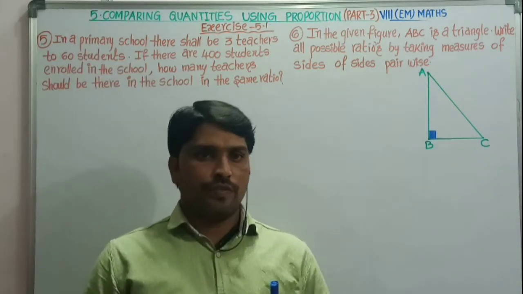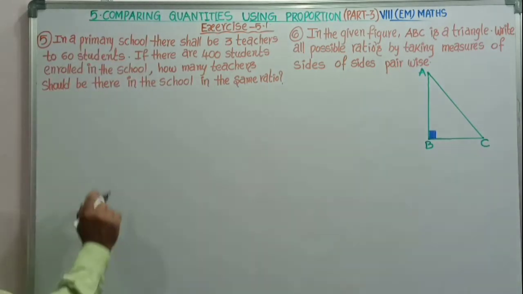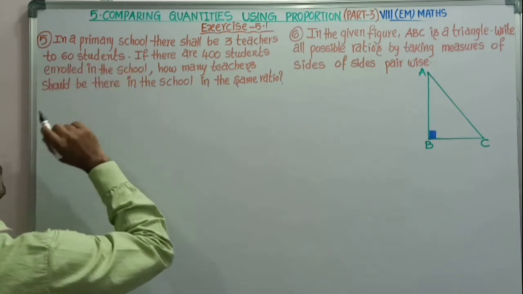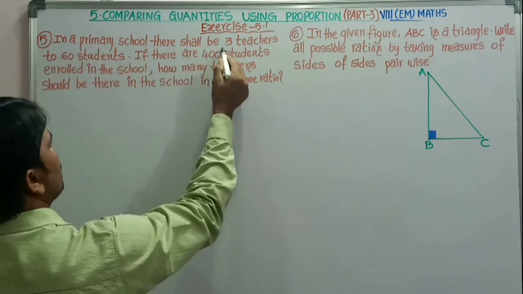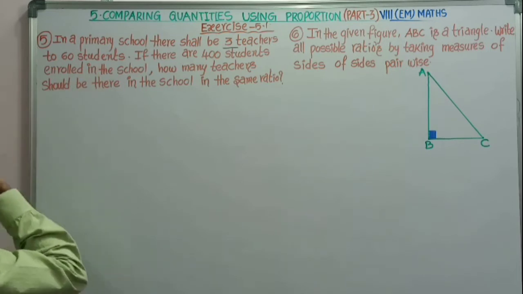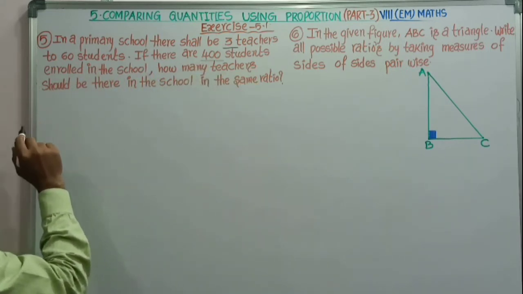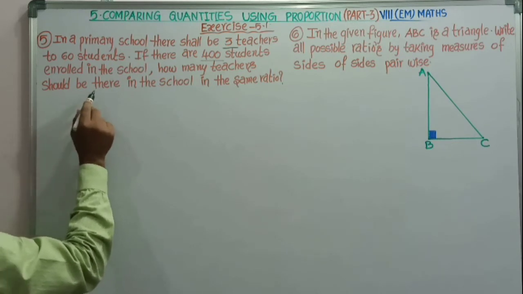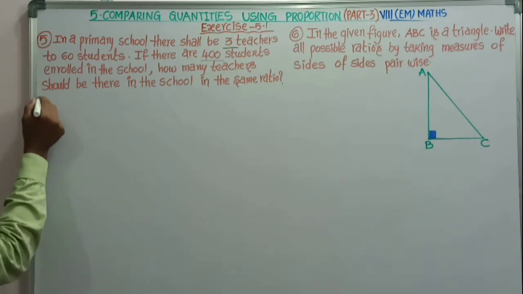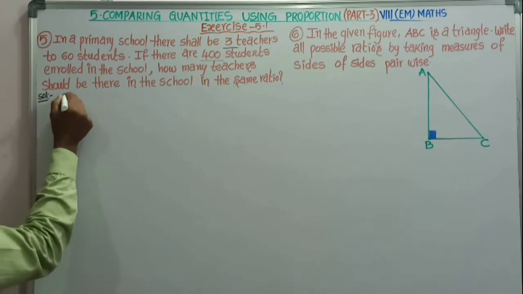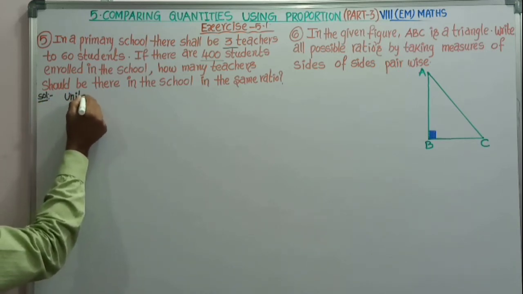Next, the last two questions of part 3. Fifth one. In a primary school, there shall be 3 teachers to 60 students. If there are 400 students enrolled in the school, how many teachers should be there in the school in the same ratio? Let us see it by two methods. First one is the unitary method.